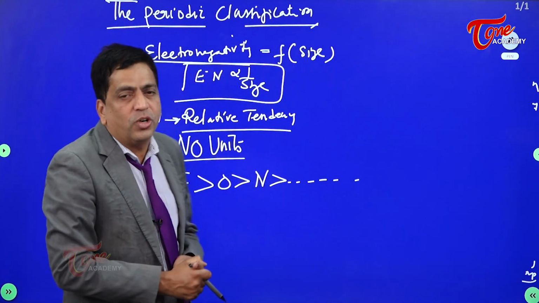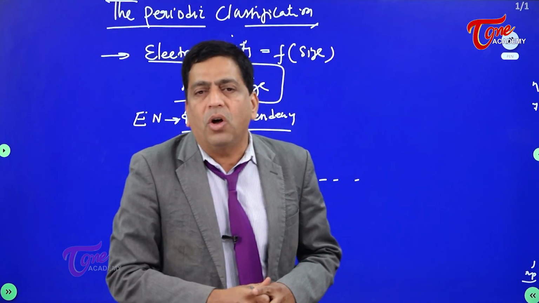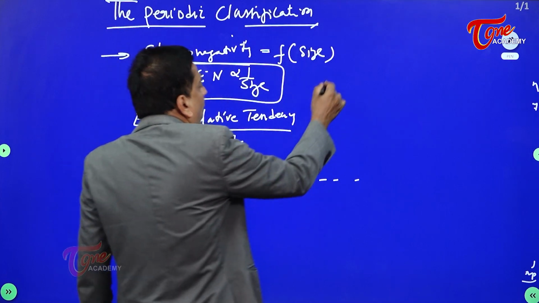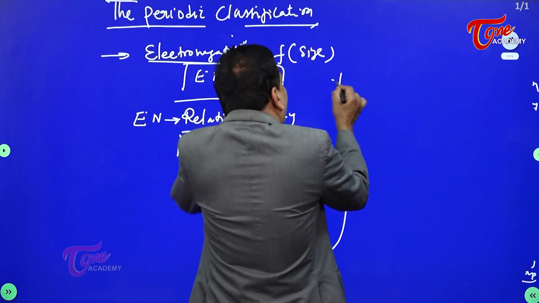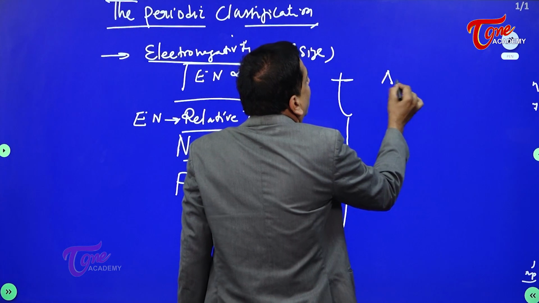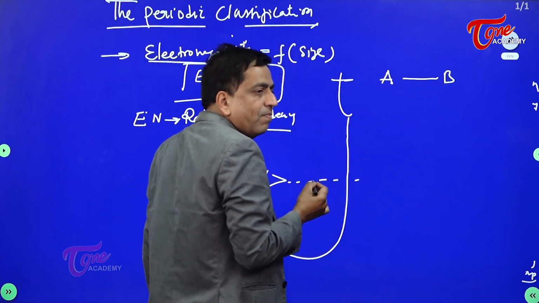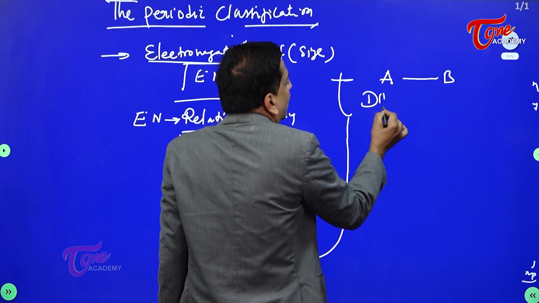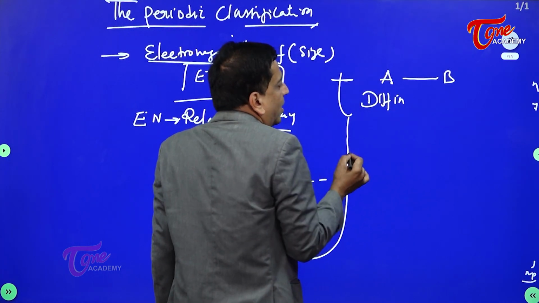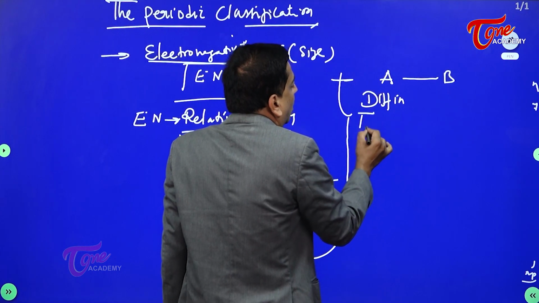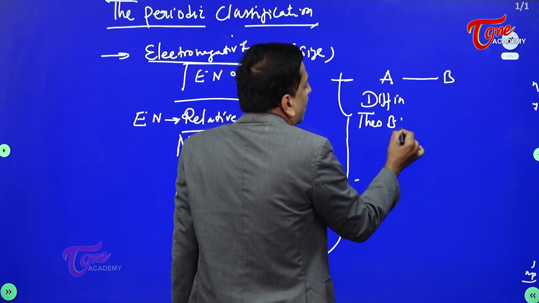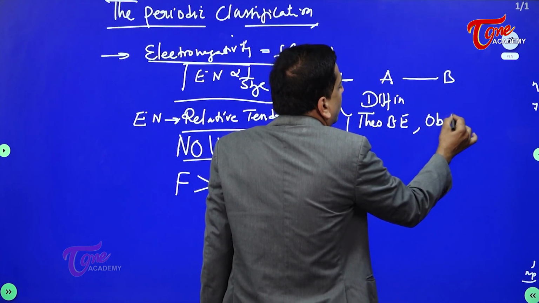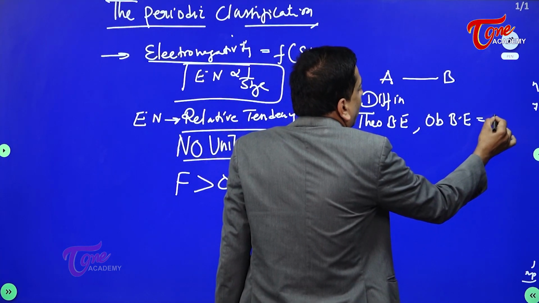Each of these electronegativity values is assigned a number by Pauling. It's important to write a few things. Since it is a relative tendency, if you consider a bond AB, then the difference between the theoretical bond energy and the observed bond energy is nothing but polarity.